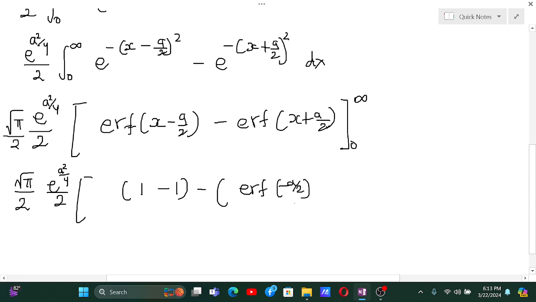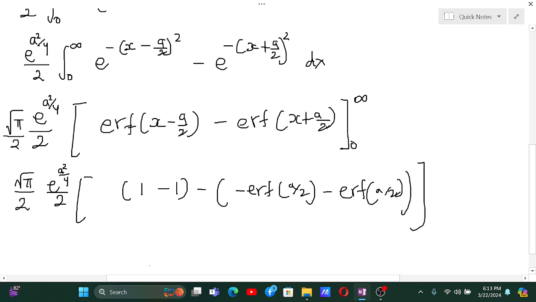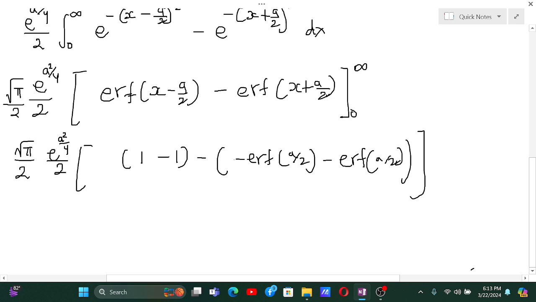But since erf is an odd function, I can write this as minus erf of a by 2, and then there's a minus sign, erf of a by 2. Now this is minus 2 times erf of a by 2, and also there's a minus, so that's plus. So we get root pi by 2 e to the power a square by 4 by 2 times 2 times erf of a by 2.